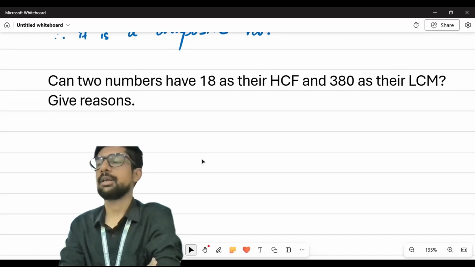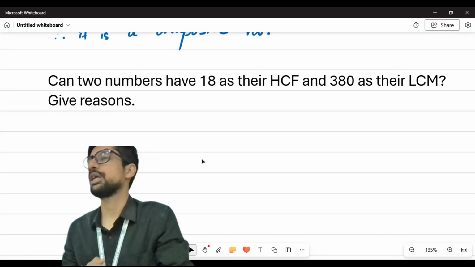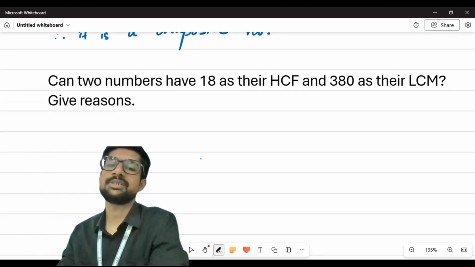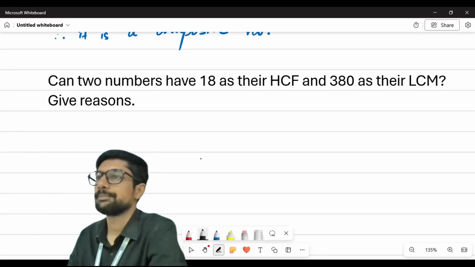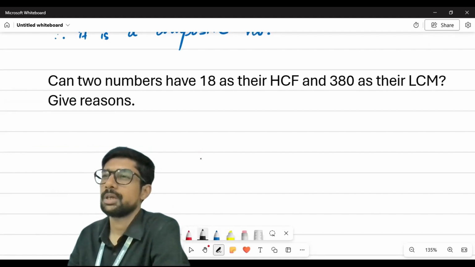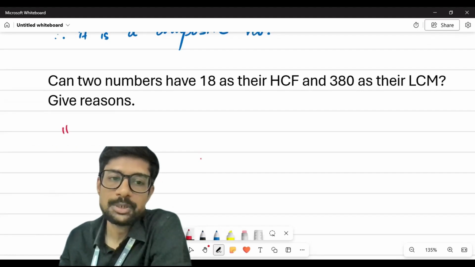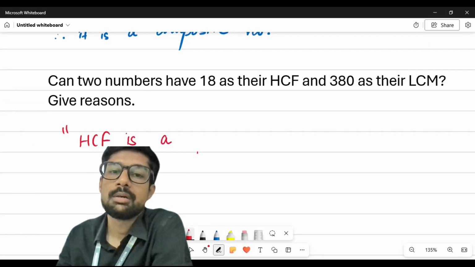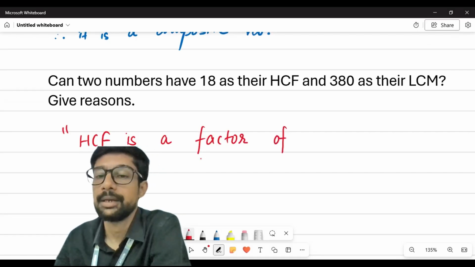प्रोबेबली आपने क्लास का मटेरियल अभी शायद रिव्यू नहीं किया है. हमने एक बहुत ही स्पेशल नोट डाला था HCF और LCM के बारे में क्लास में जो आपको क्लियरली बता देगा कि ये पॉसिबिलिटी है या नहीं. एब्सोल्युटली फाइन, परफेक्ट, ठीक है. तो ये हमने स्पेशल नोट डाला था कि HCF इज अ फैक्टर ऑफ LCM. दैट मीन्स वो उसको पूरी तरह डिवाइड करे.